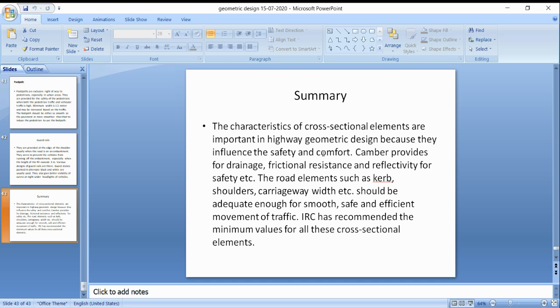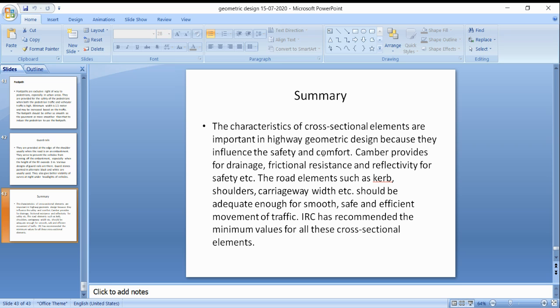And for urban areas, a footpath is also required, and the minimum width of footpath for urban areas is 1.5 meters, and it can be more depending upon the traffic. And we have seen the right of way. Right of way is nothing but for the future expansion of the road. When the road is going to be constructed, the land acquired should be more, for the future expansion also.